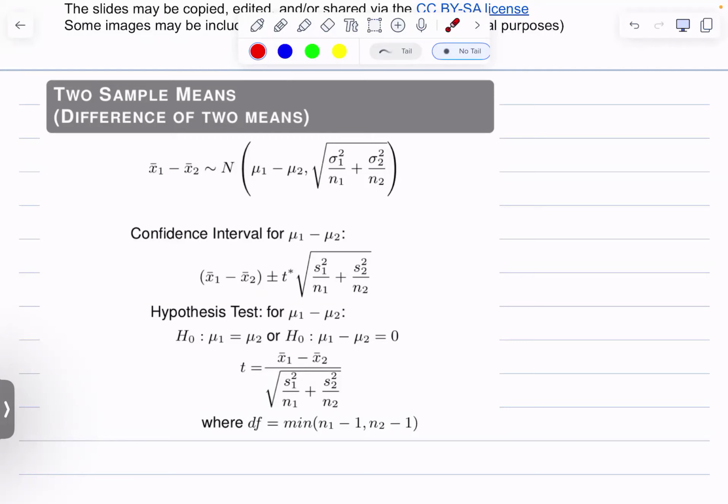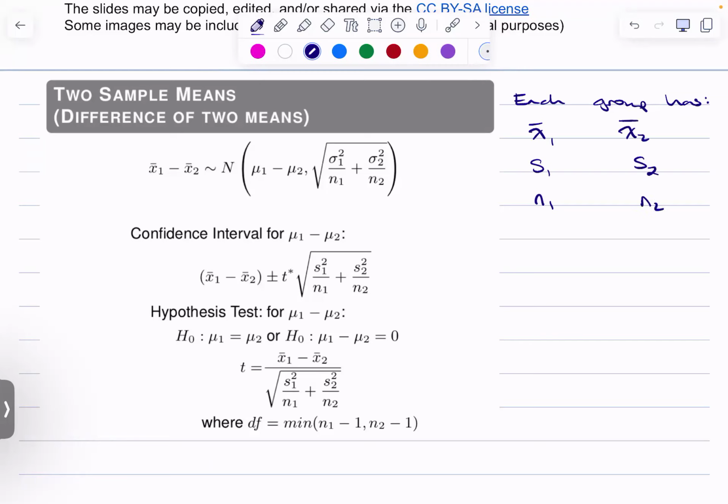That's neat, right? And so each group has X1 bar, S1, and N1, X2 bar, S2, and N2.